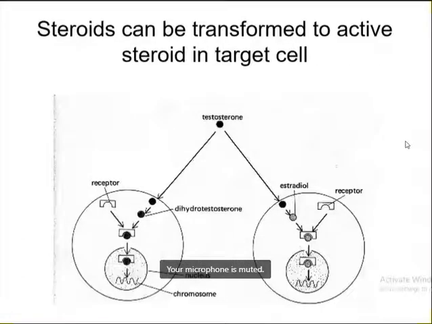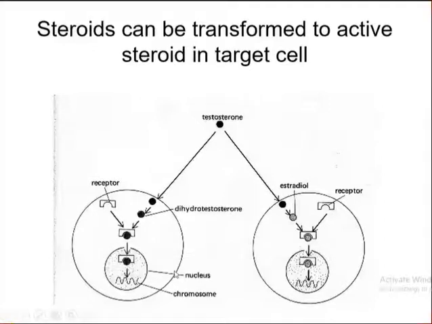You can see testosterone can go to the receptor and turn into dihydrotestosterone. And that dihydrotestosterone goes to the nucleus and has an effect. That estradiol goes to the cell, has a receptor, and goes to the nucleus and has an effect.